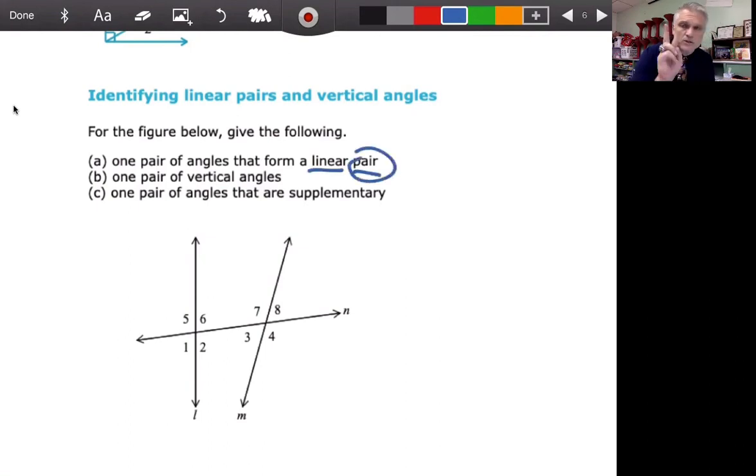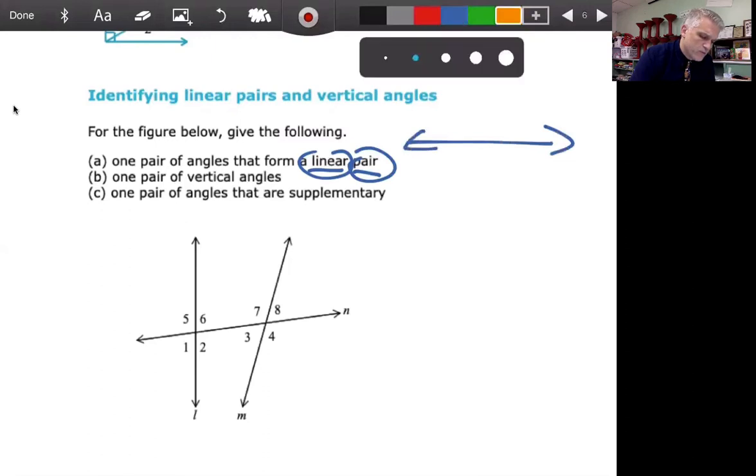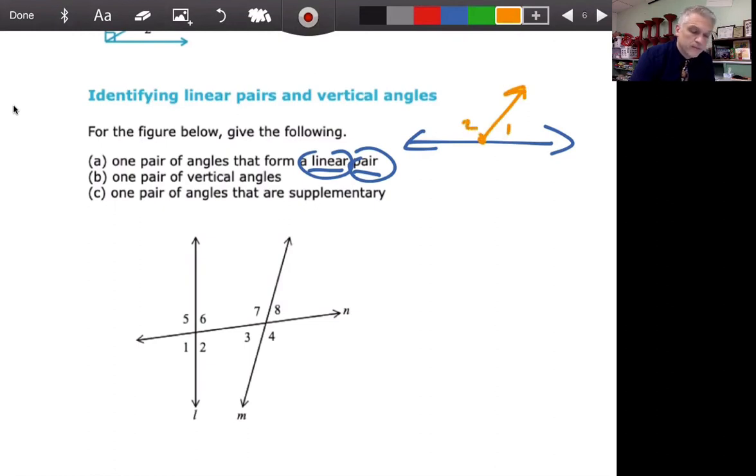A pair is two angles. Linear means they form a line. So if I have a line that's formed by angle 1 and angle 2, then together that pair of angles forms a line. They're a linear pair. So angle 1 and angle 2 in my little drawing would be a linear pair.